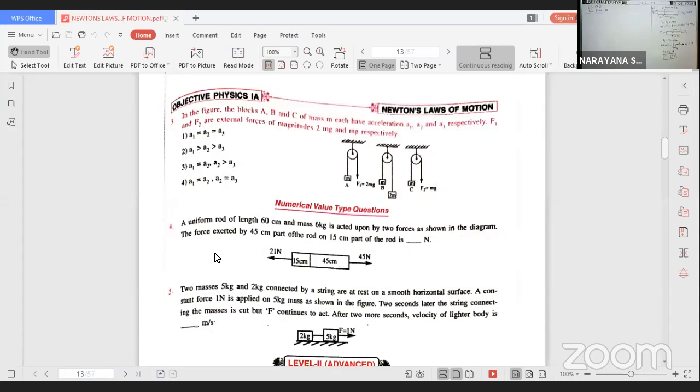Today, based on these constraint relations, you have to do the problems. Tomorrow I want to discuss problems mainly, spring concept and problems only.